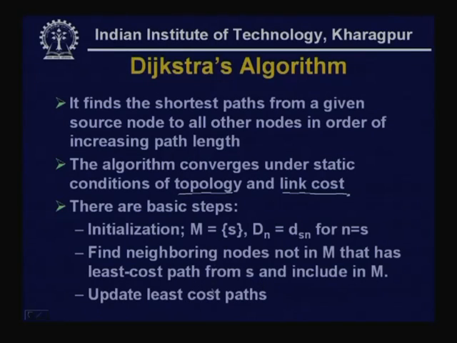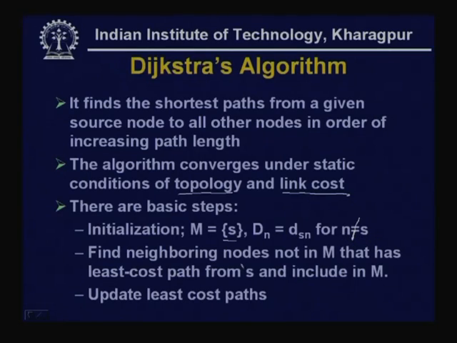It has 3 steps, starting with initialization. First, it creates an initial set M starting with the source node, and also a cost Dn, which is essentially the distance based on the link cost from the source node s to a particular node n, for all nodes where n is not the source node.